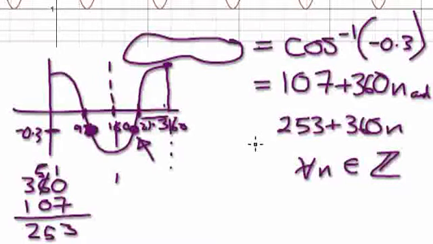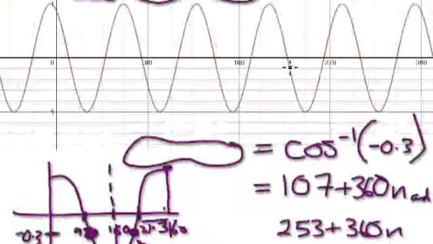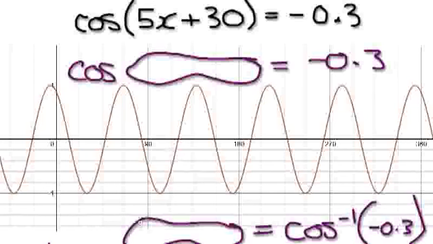Now, don't forget, the bubble equals this whole thing, and within our bubble we've got 5x plus 30.